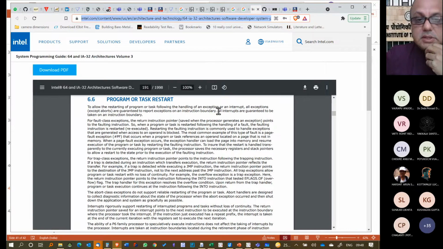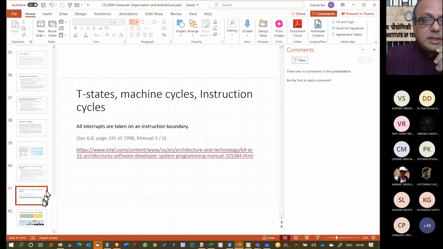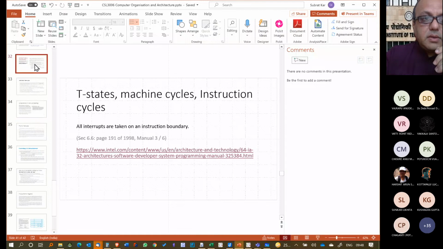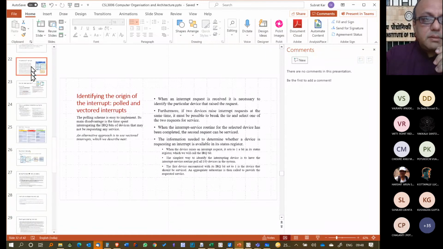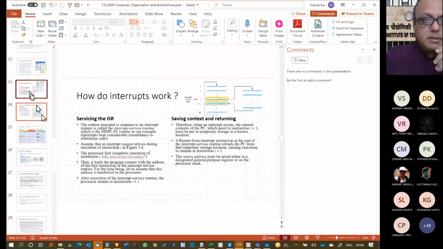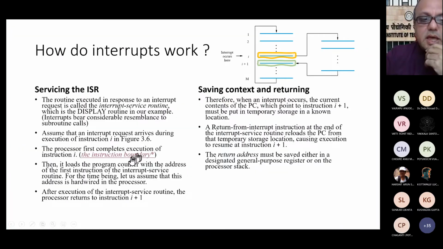So this is the sentence, in a 2,000 page document, that qualifies this line. Which line? This line. That all interrupts happen on the execution of an instruction I.